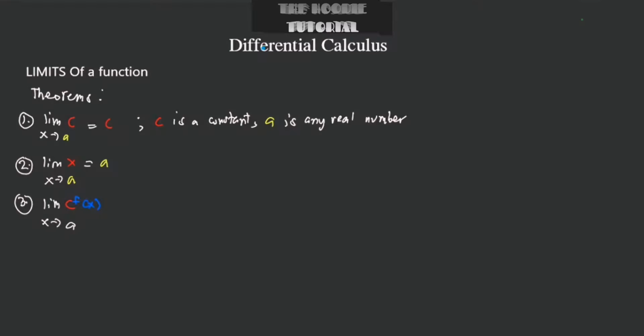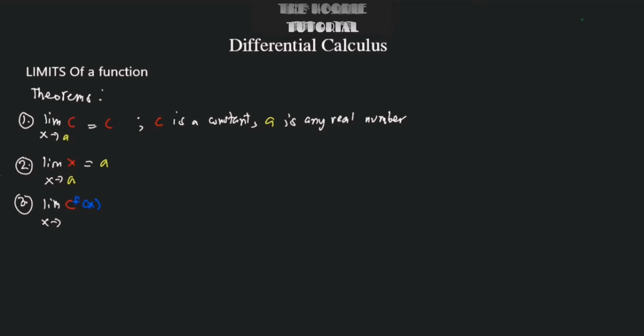The only thing we need to do in this theorem is to factor out the constant and then evaluate the limit of the function. So this is equal to the constant factored out, and then the limit of the function f of x as x approaches a.